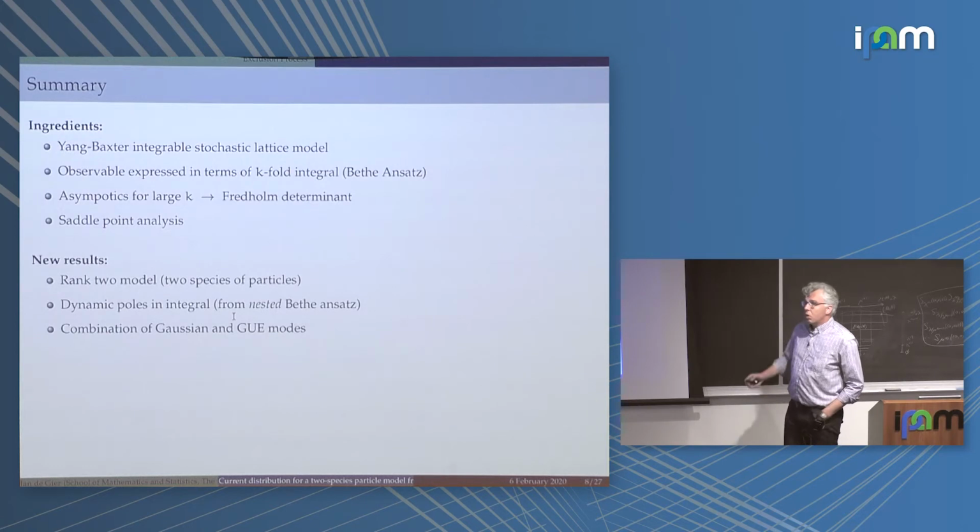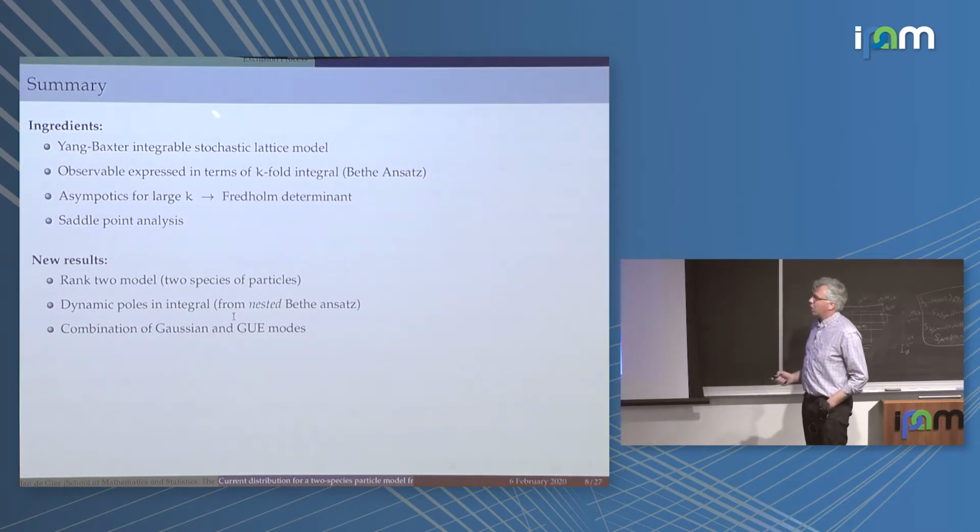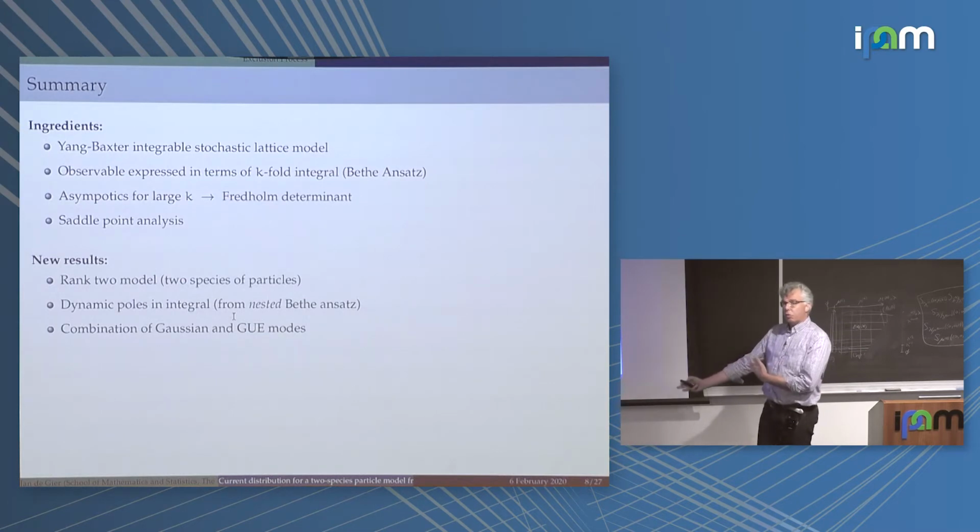Okay, so what are the main ingredients? Why does this work? Well, the first ingredient I'd like to emphasize is that this RCEP is a Yang-Baxter integrable stochastic lattice model. For that reason, you can write down this multiple contour integral. So there is an explicit formula which you would not normally be able to write if you didn't have an underlying integrability structure.